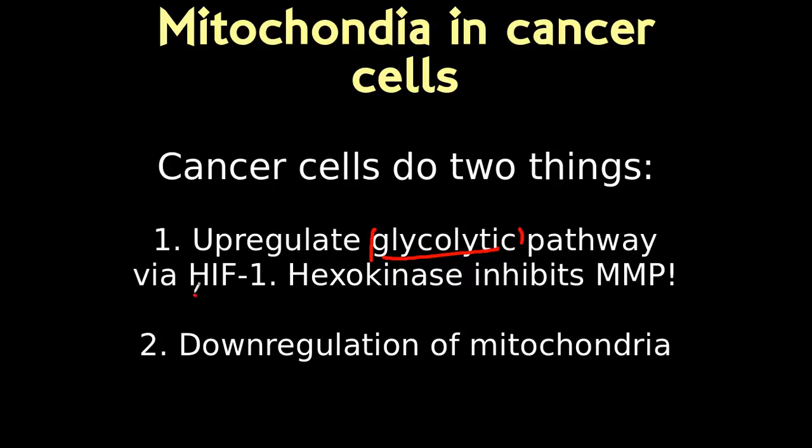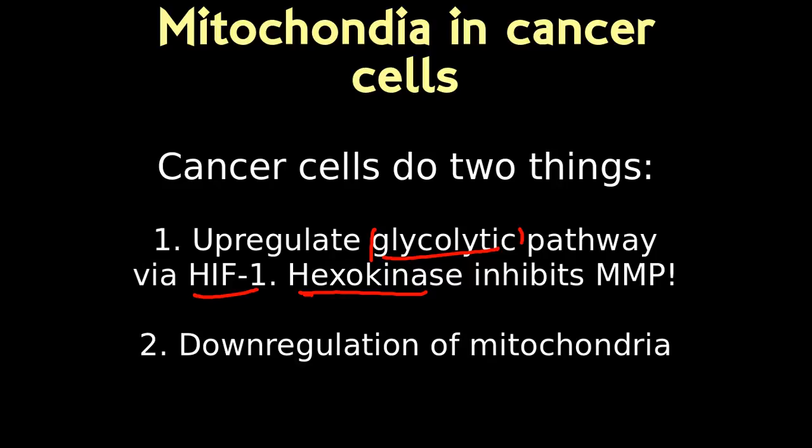And this is happening because we have an increase in HIF1, which is hypoxia-inducible factor 1. Now, when you upregulate glycolytic pathways, hexokinase, the first enzyme in glycolysis, is going to inhibit mitochondrial membrane permeabilization. So it's stopping BAD and BAX from doing their job, and so we don't get the entire cascade that we just talked about starting as readily as it would otherwise.